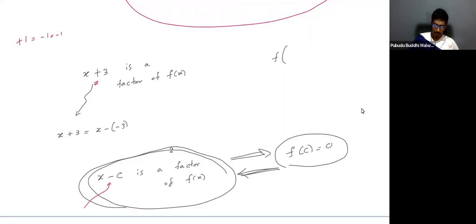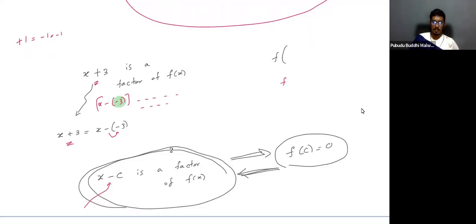I replaced this plus sign by these two minus signs, multiplication. Then basically we are dealing with x minus minus 3 is a factor of f of x if f of this value.